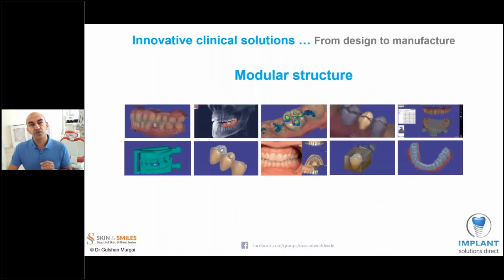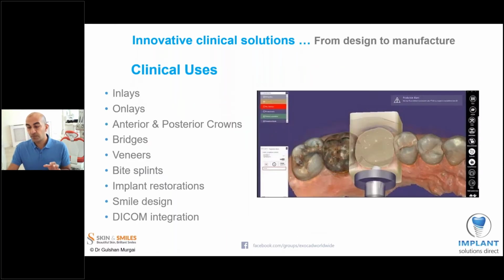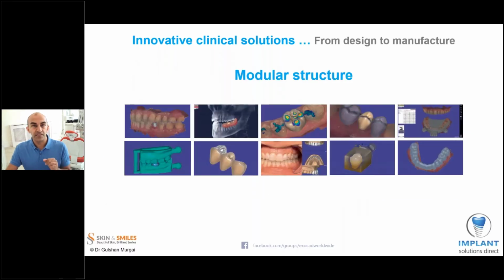The structure of ChairsideCAD, as well as what we're going to talk about shortly, which is exoplan: both have a modular structure. Now, the modules available with ChairsideCAD are significantly more because it enables you to do a lot more. So there are implant modules, there are DICOM viewers, there is your base module that allows you to create inlays, onlays, veneers, crowns, bridges.